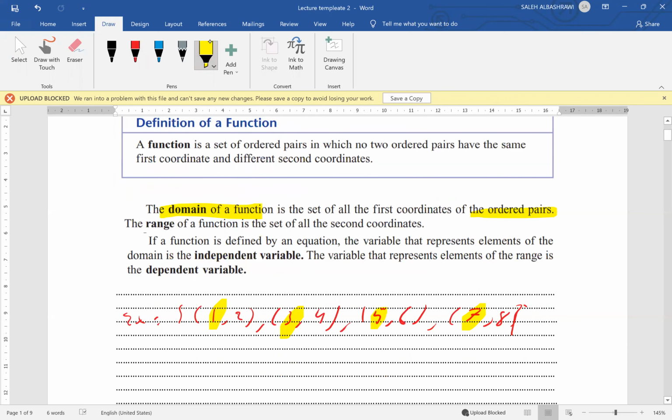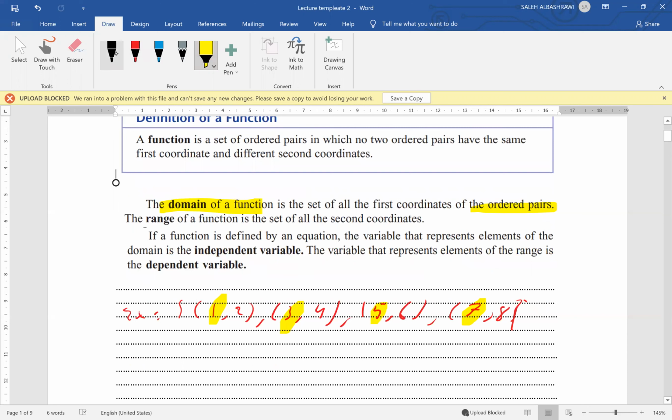If we take the set of all the x coordinates, only the first coordinates, 1, 3, 5, and 7, we call this the domain of the function. So the domain, I'll use capital D, is the set of the x coordinates of the function.